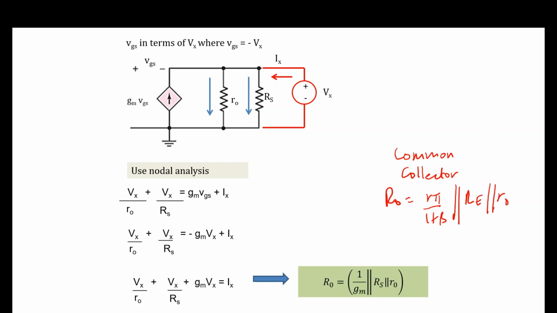So in comparison, the Re is the Rs, and again there is small R0 over here. The only difference is the first term: R pi over 1 plus beta for the common collector, but for common drain it is 1 over Gm.